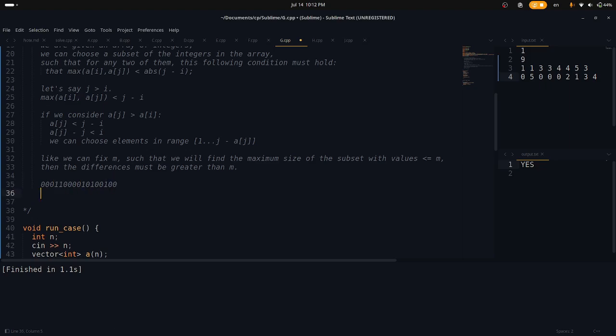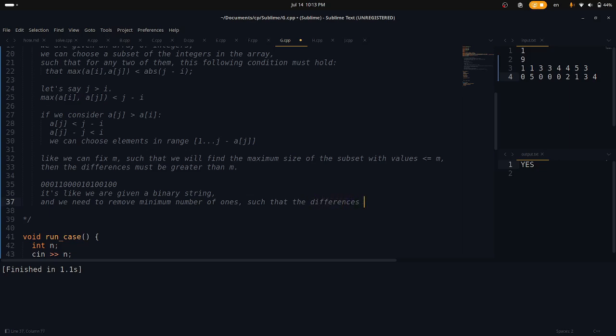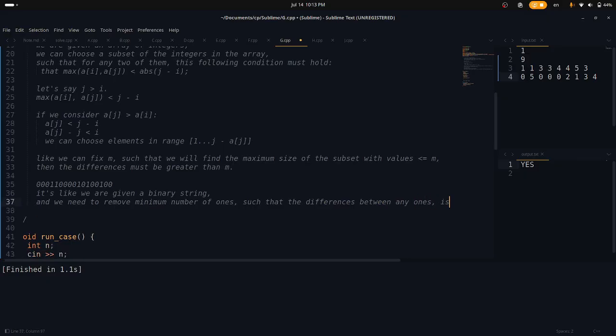So it's like we are given a binary string and we need to remove the minimum number of ones such that the differences between any ones is less than m, but it is wrong.